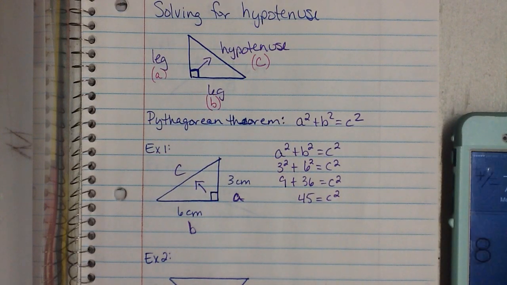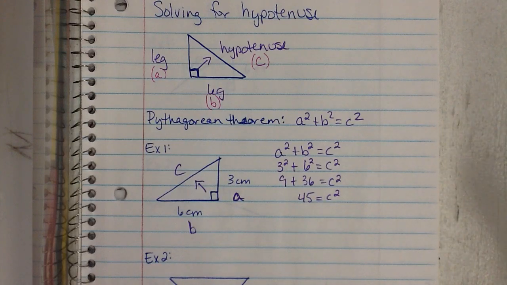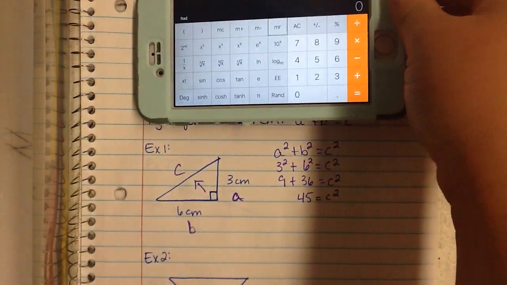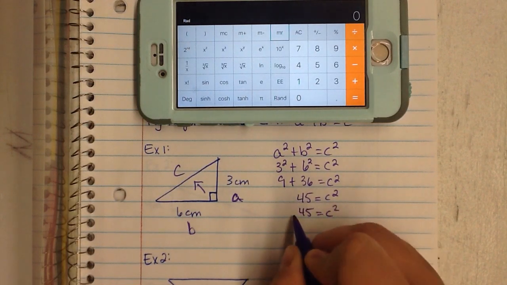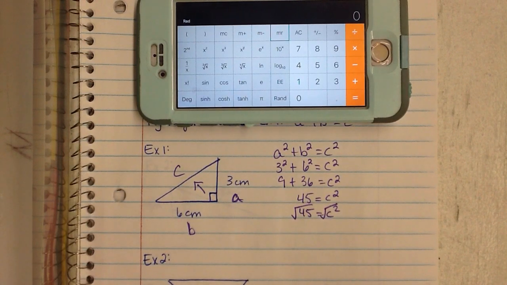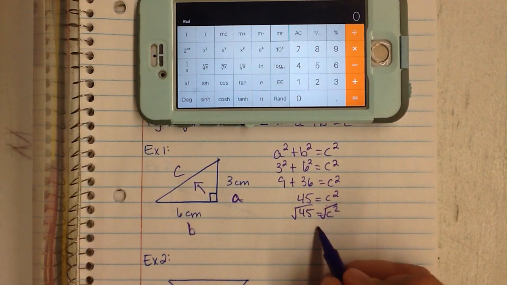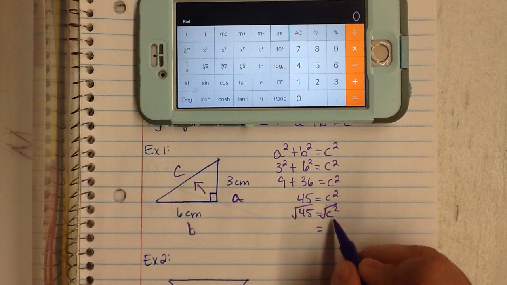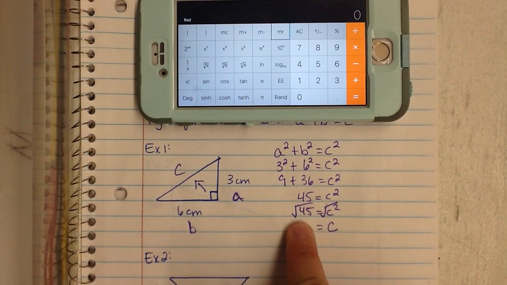To solve for C, to undo a square, we take the square root. So we have 45 equals C squared, and we're going to square root both sides. We haven't talked a whole lot about that, but just go with me for right now. The square root undoes the square, so all we're left with on this side is C. Then you would just type this into your calculator, or you could leave it.